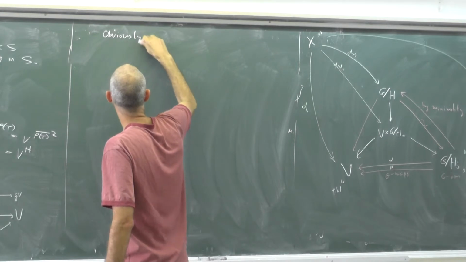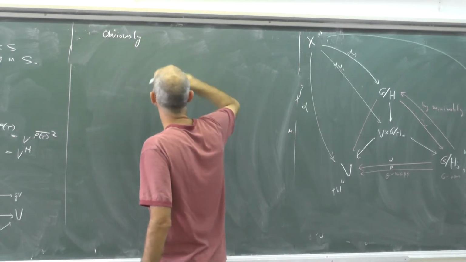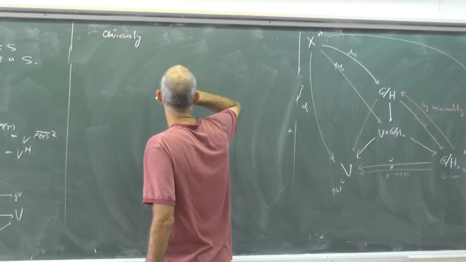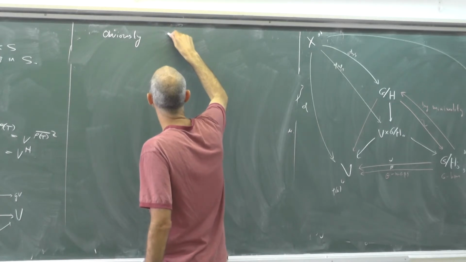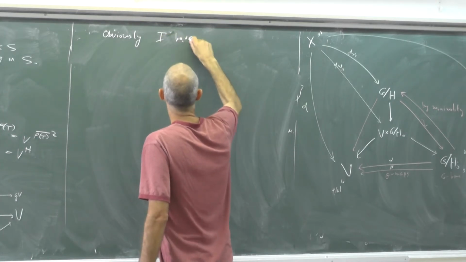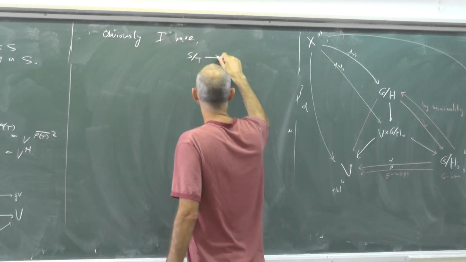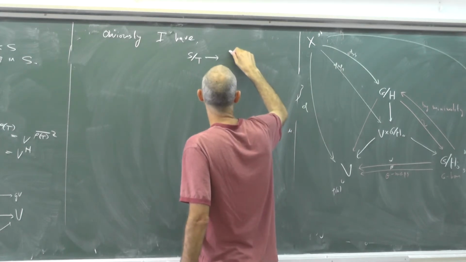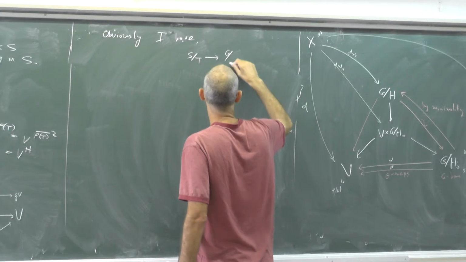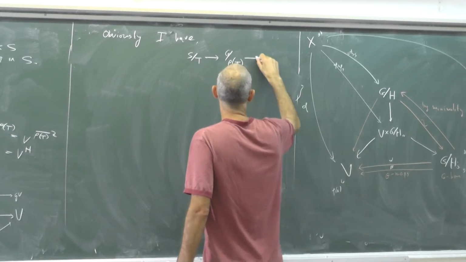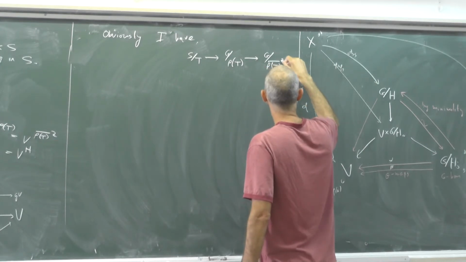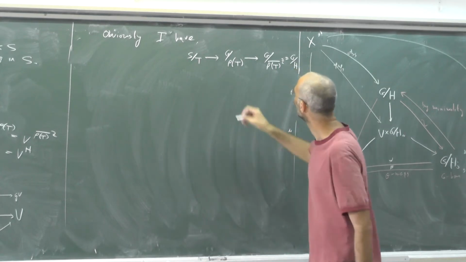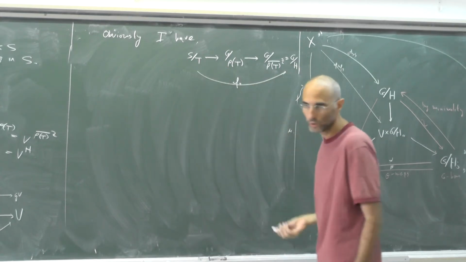Maybe let me give you P0. Obviously, I thought the map S goes from T to G, from T goes further to G mod H. So let's call this P0.